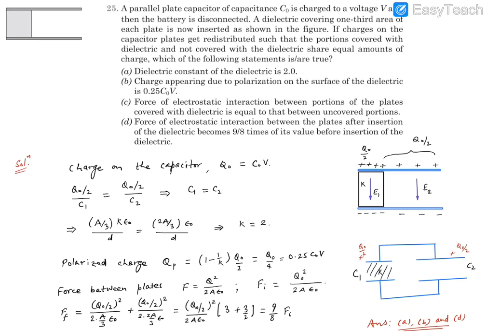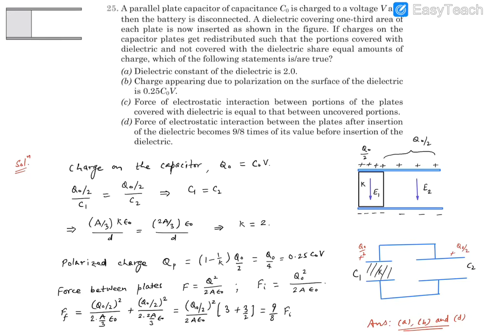So the charge of polarization comes out to be Q0 by 4. Now Q0 is C0 V, so we can write it as 0.25 C0 V. Look at option B, it reads the charge appearing due to polarization on the surface of the dielectric is going to be 0.25 C0 V. Yes. So B is also part of the correct answers.